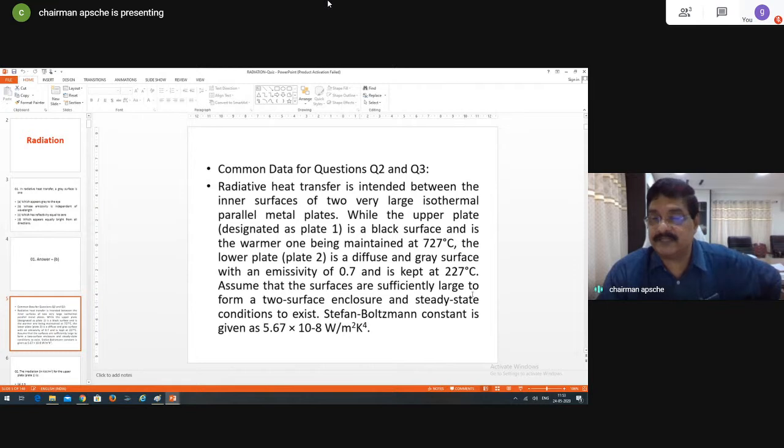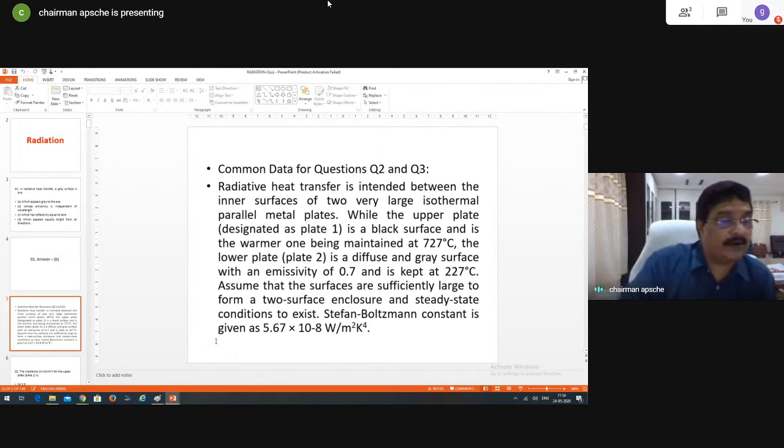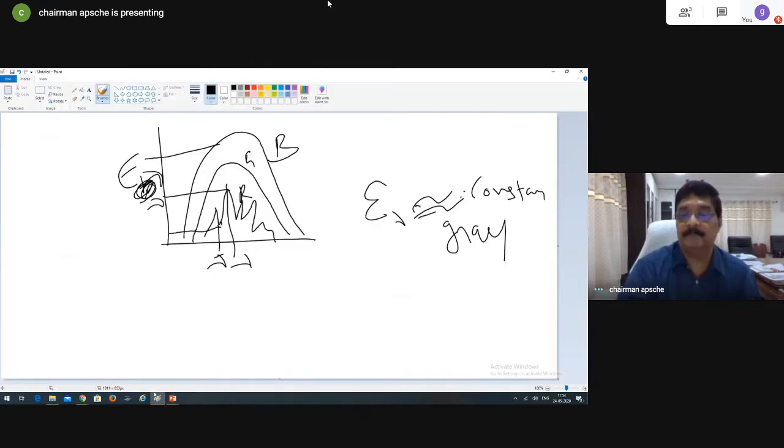Assume that the two surfaces are significantly large to form a two-surface enclosure and steady state conditions exist. The Stefan-Boltzmann constant is given. So, he is talking about two parallel plates. This is a black one, which is maintained at T1 equal to 1000 Kelvin.